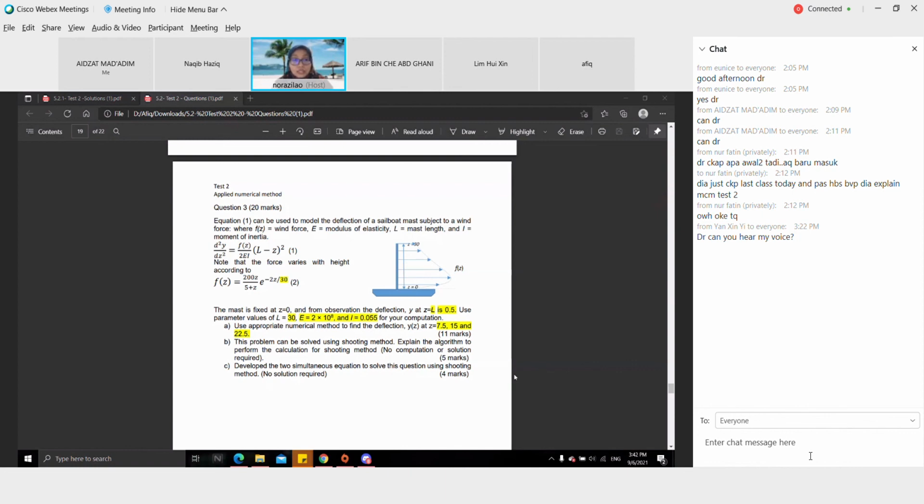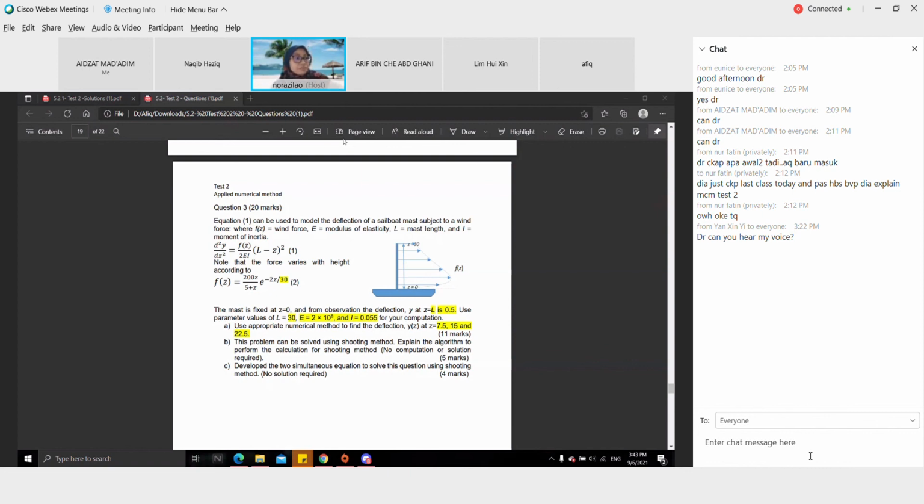Given the equation, this is a second order derivative equation, and then it gives the value for Fz. The question says use the appropriate numerical method to find the deflection y at z equal to 7.5, 15 and 22.5. So it is very specific. You need to explore in between the value 0 to 30. So that is a specific point, so believe this is a BVP.